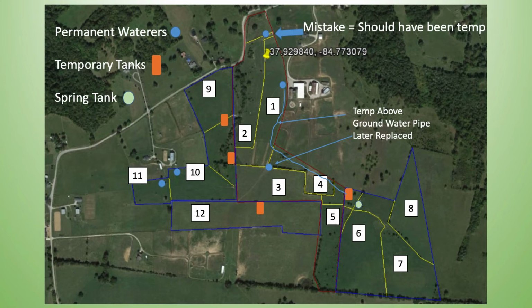So this is a perfect example where something temporary could have served that purpose within this lot, and then you move that permanent water somewhere else on the farm where it could potentially serve multiple pastures as needed and be more centrally located, because you see, even though it's serving that lot and serving 2, it's up here in the corner of 2.